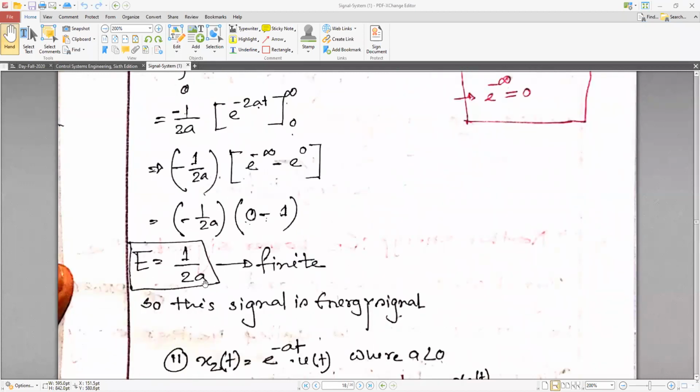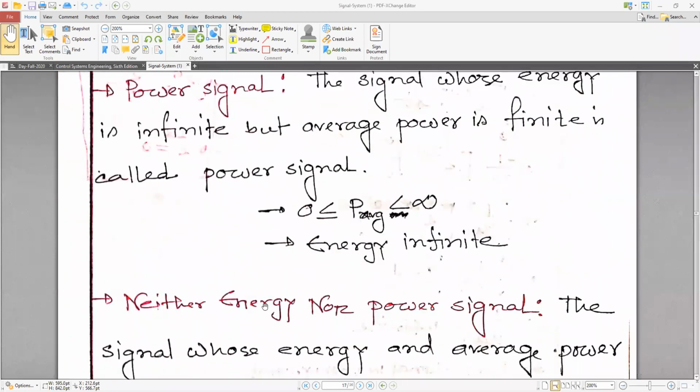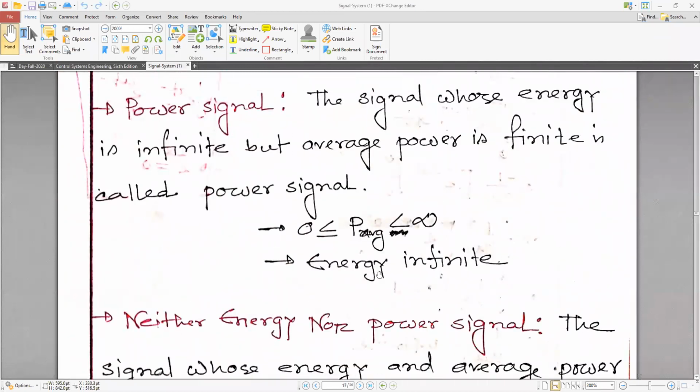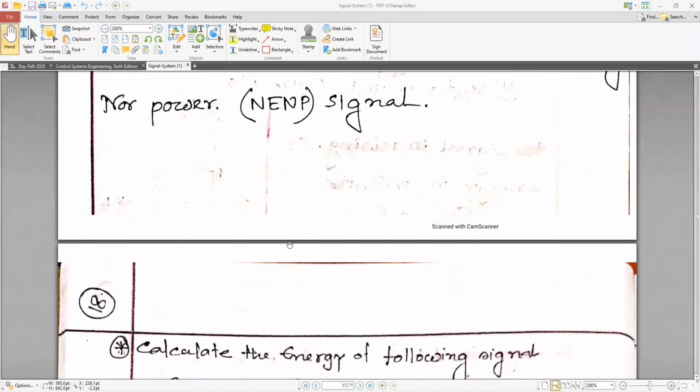If you put any value of a, you get a finite value, so this signal is an energy signal. If it becomes infinite, then it would be a power signal.